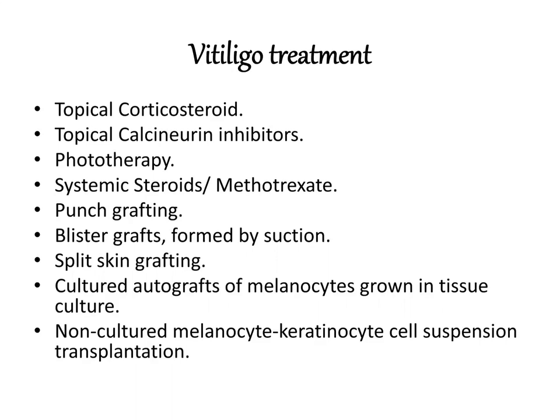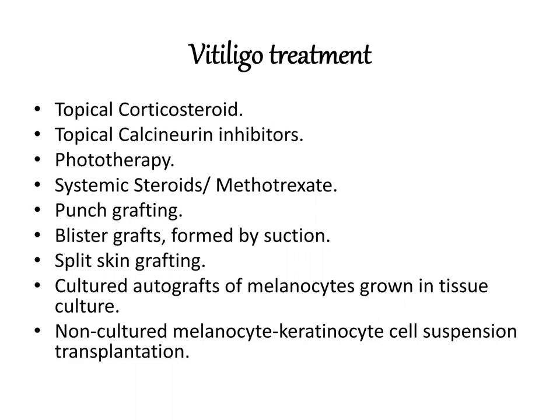Sometimes we apply suction on normal skin to form a blister, and then take the roof of the blister and graft it over the vitiligo patch after dermabrasion. We abrade that area, damage the skin, and attach the donor epidermis.